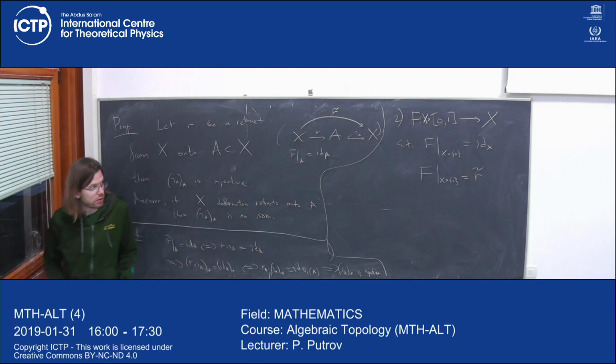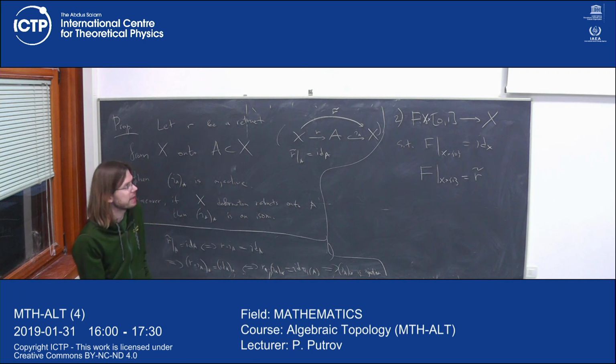This is the definition of the deformation retract. So there exists a homotopy between the identity and a retract map.